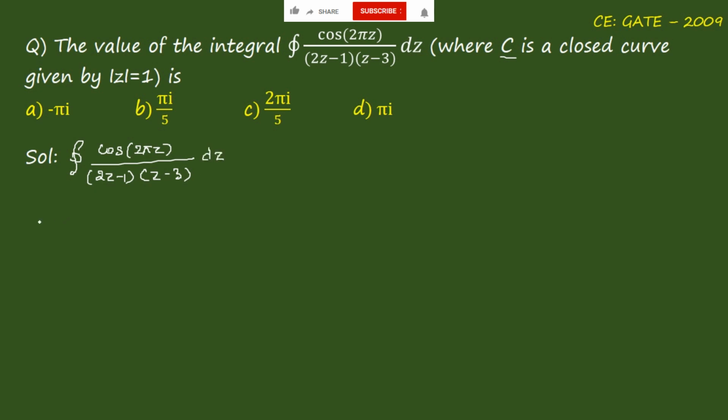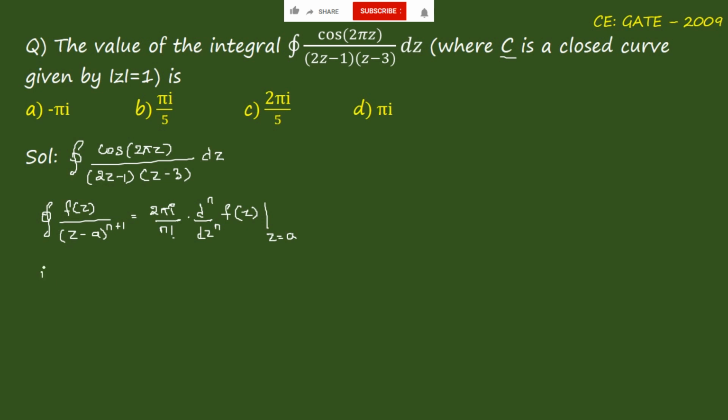Now we can use Cauchy's integral formula given as integral of closed curve f of z by (z minus a) whole power n plus 1 is equal to 2πi by n factorial into d by dz n times of f of z, and we have to apply z is equal to a after differentiation.